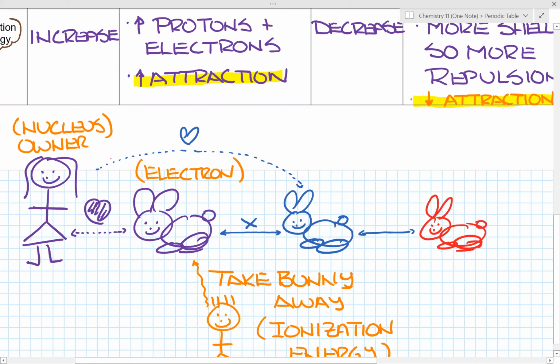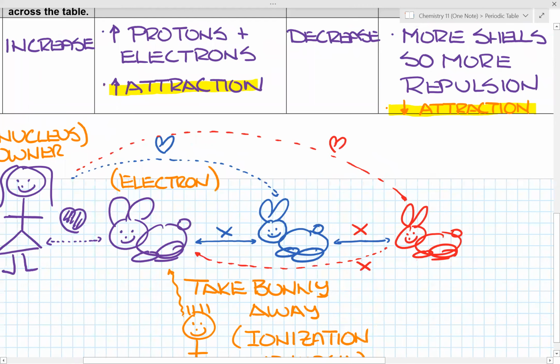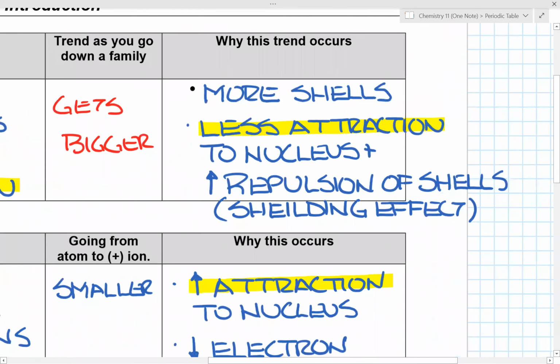Not only is there less love to this third bunny, a decrease in attraction, but now not only is there conflict between the red bunny and the blue bunny, there's also conflict between the red bunny and the purple bunny. So you have increased shielding effect or increased repulsion. This is why you have the atomic radius getting bigger.